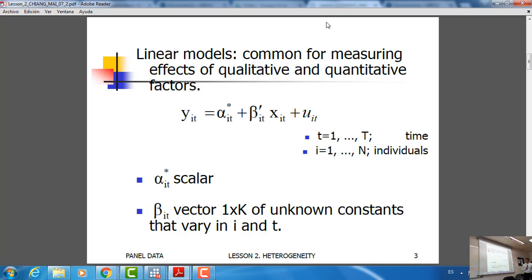Now, you have seen sometimes parameters with subscripts, but not parameters with two subscripts. No? Parameter alpha with two subscripts. Have you seen them before, in the other class? No. In the panel. But have you seen them?